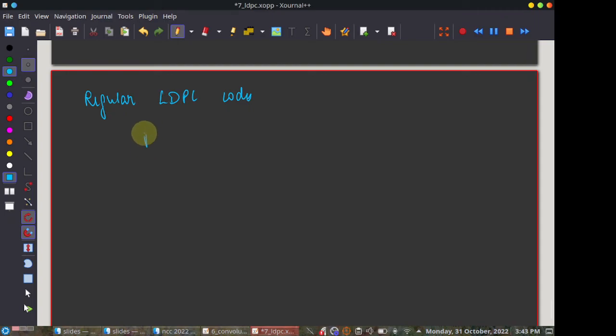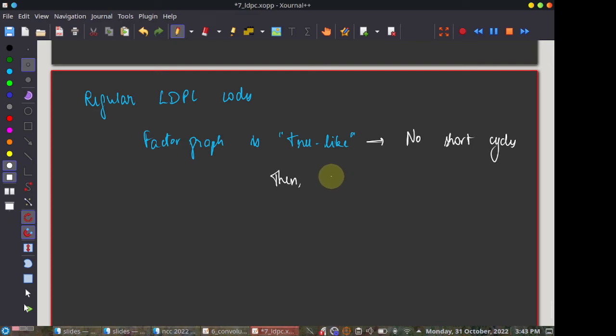So if the factor graph is what I call tree-like, it has no short cycles, then it turns out that this belief propagation algorithm gives good performance.